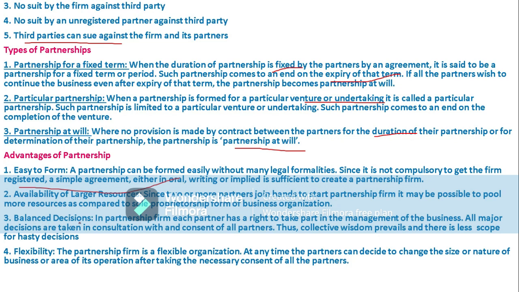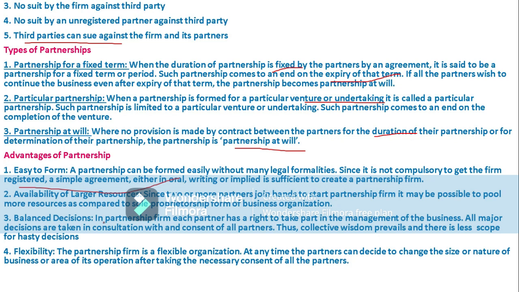And coming to balanced decisions, as they involve more persons in a firm, if any problems arise, all the partners may come to one decision. Okay, so by consulting with other partners, they will take a proper decision to solve the problem.